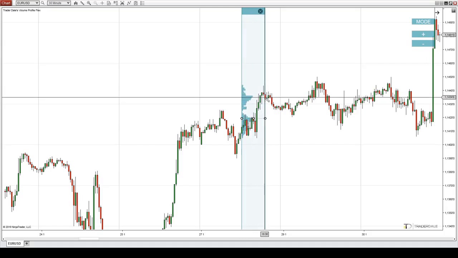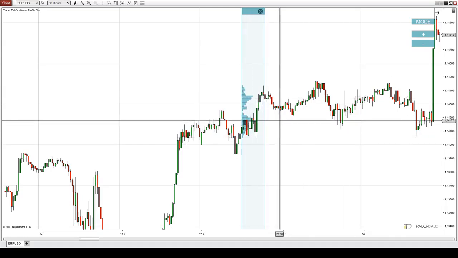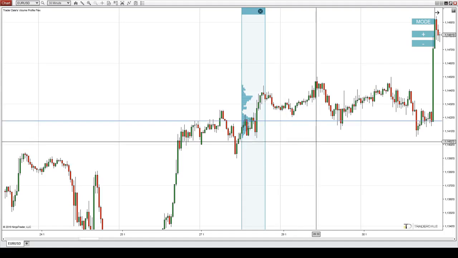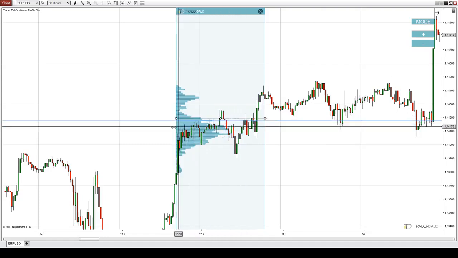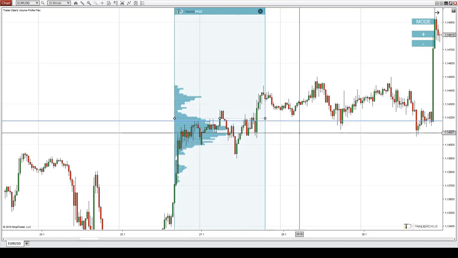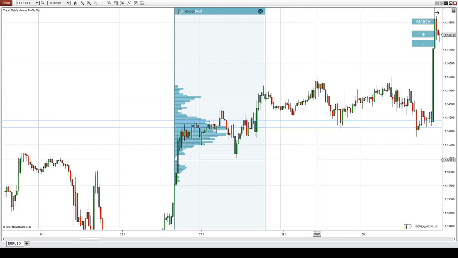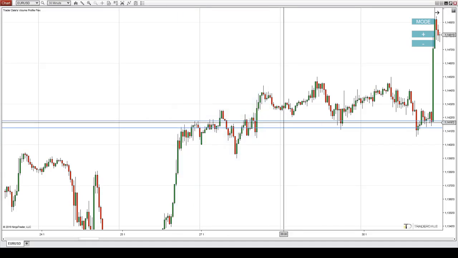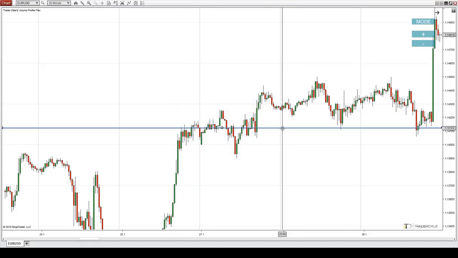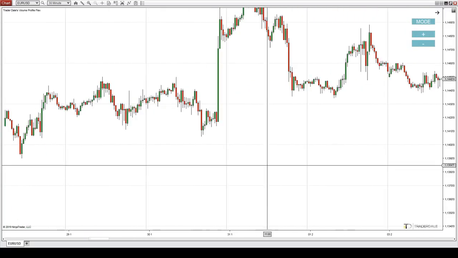So if I look into this rotation, it gives me basically the same level. All right, let me show you the whole profile. In this case, it was a little bit lower, but both cases worked pretty nicely. So let's move forward.